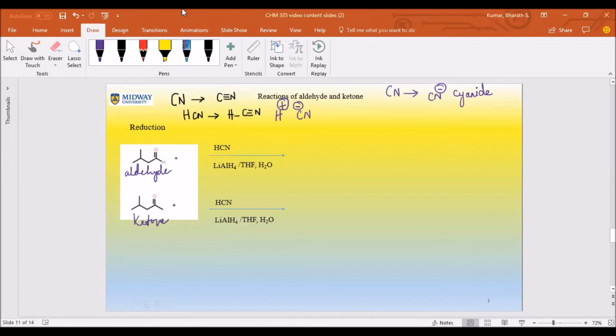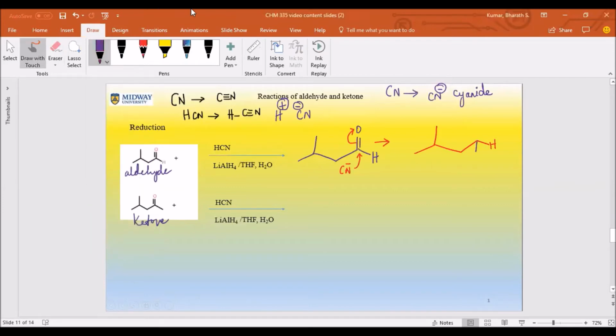So let's look at the actual mechanism. Let me get a different color. First it's the CN minus that attacks this, and whenever a negative charge attacks a carbon containing a double bond to O, the bond breaks and comes back to the oxygen. I'm going to write everything the same way, but get my purple this time and write what has just happened.